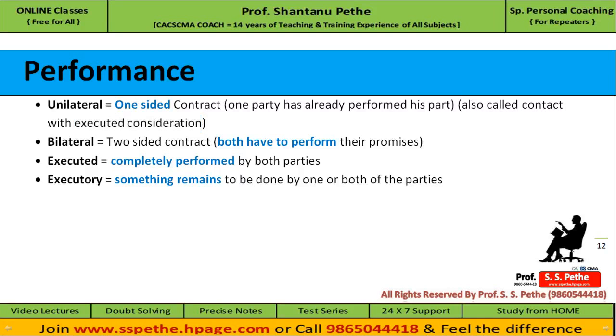Let's see one example. Suppose there is one teacher who offers to his students that he will give a car to that student who will score 100 out of 100. This is the open offer.